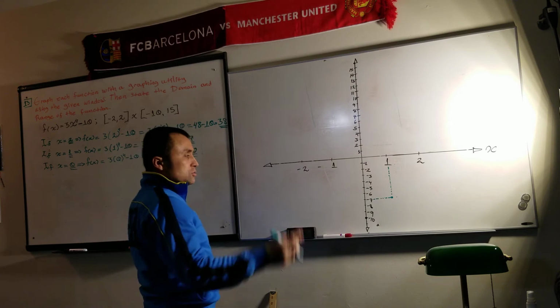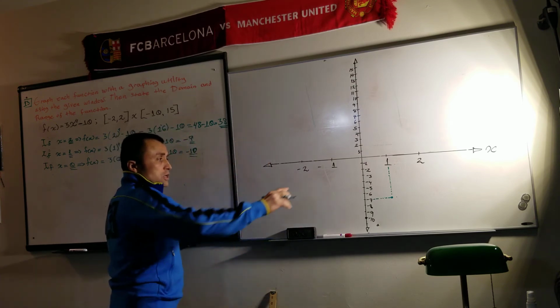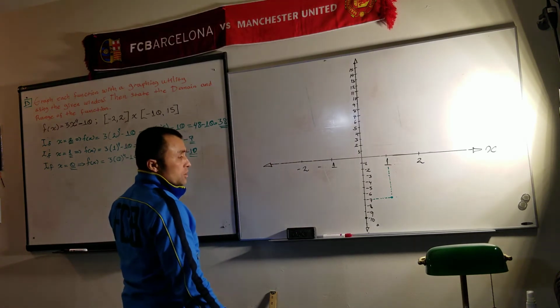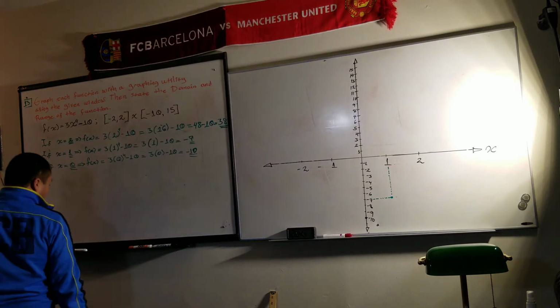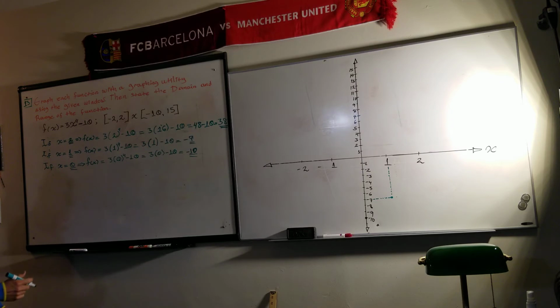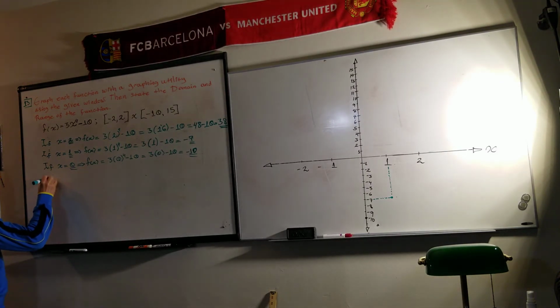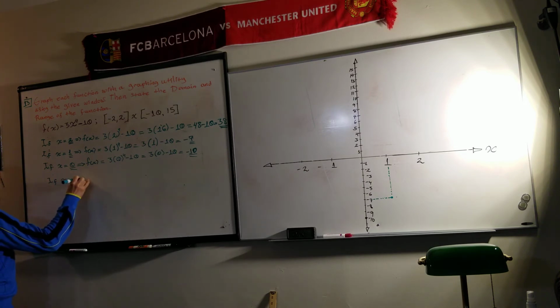Let's plug into the function a couple of negative numbers, so we see how the graph goes on the left side of the Cartesian plane. Let's see what happens if x is equal to minus 1.